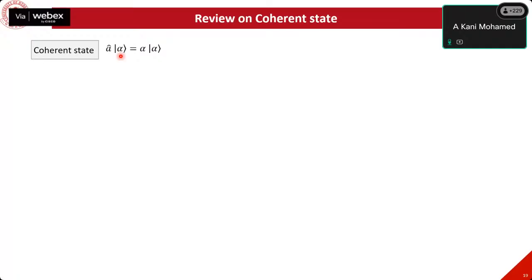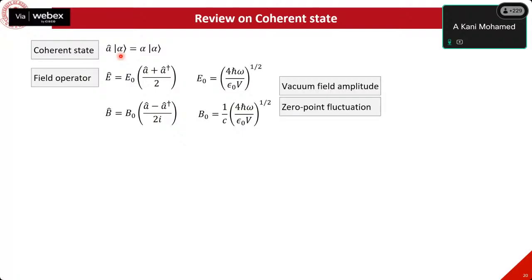The fields are now represented as field operators, where a and a dagger are the annihilation and creation operators for the photons, and E naught has this value. Similarly, B naught has this value. These are the vacuum field amplitudes: the vacuum electric field amplitude and the vacuum magnetic field amplitude. This is also called the zero-point fluctuation, which corresponds to the ground state of the electromagnetic field.